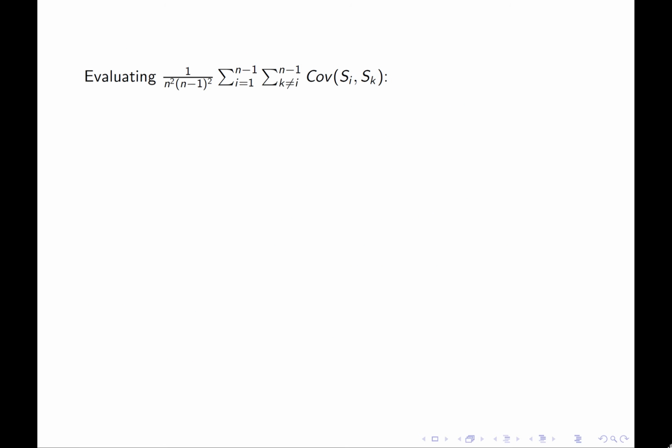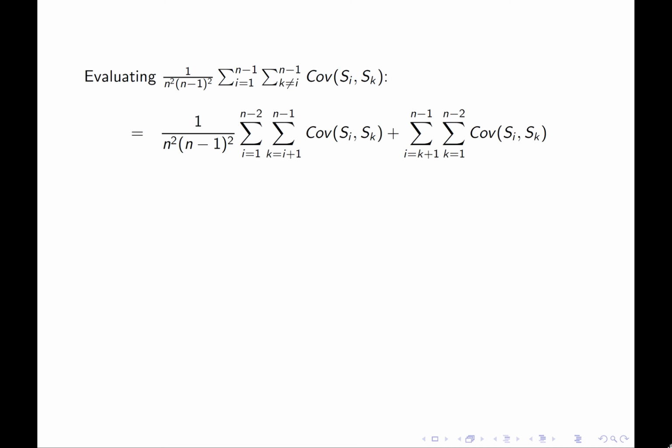Okay, so now we're going to evaluate the whole of that covariance section. So basically, what we're going to do is split up the covariance parts in terms of k being bigger than i and k being less than i.